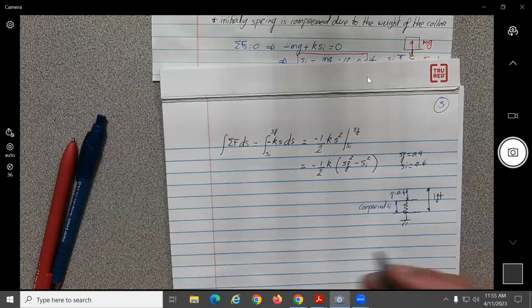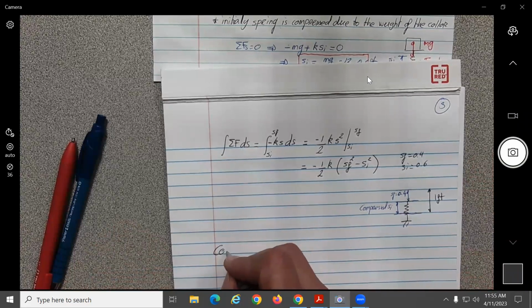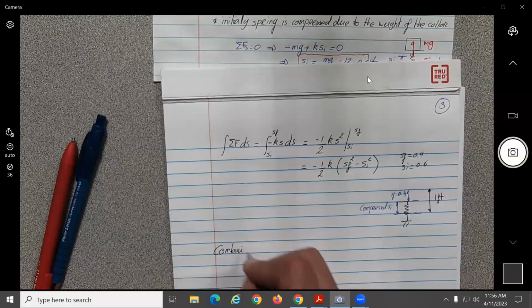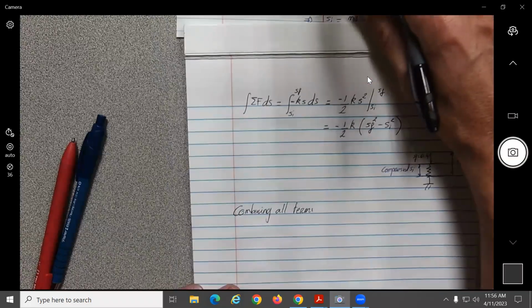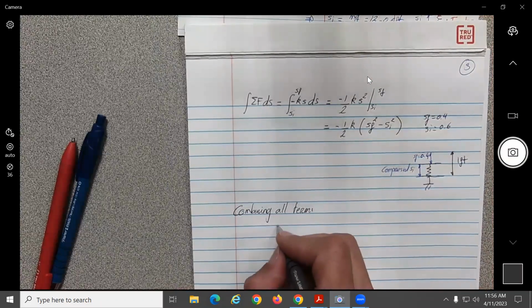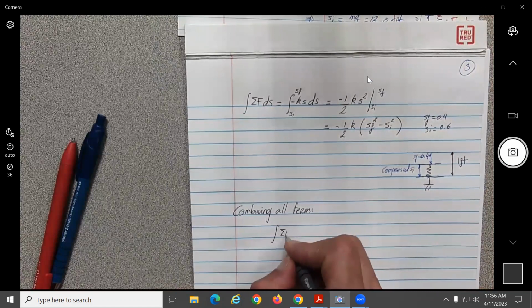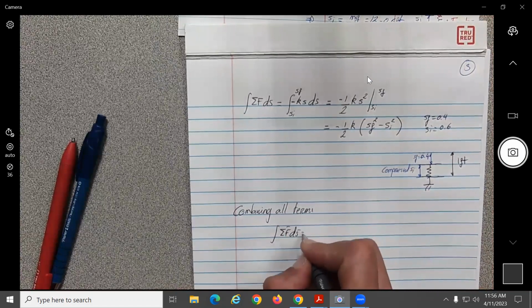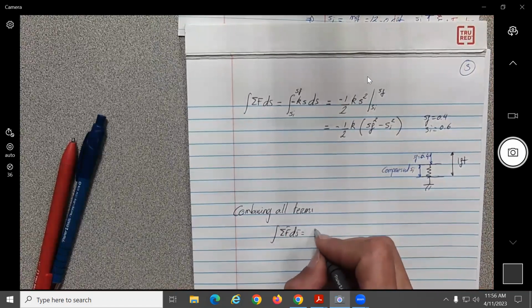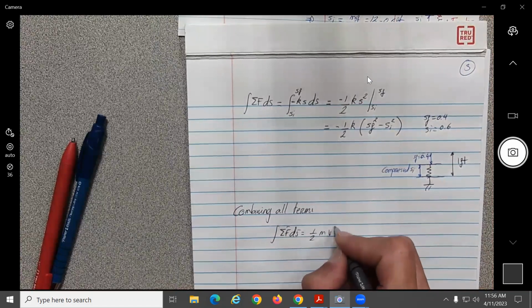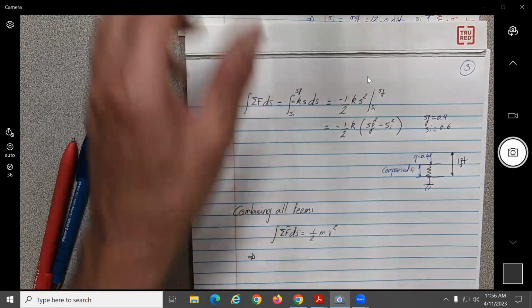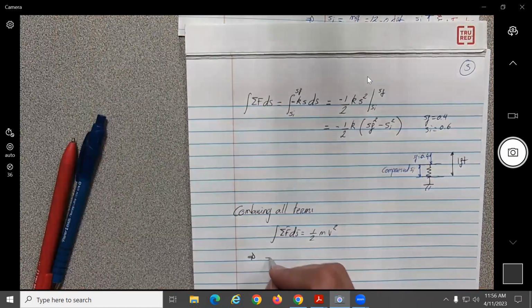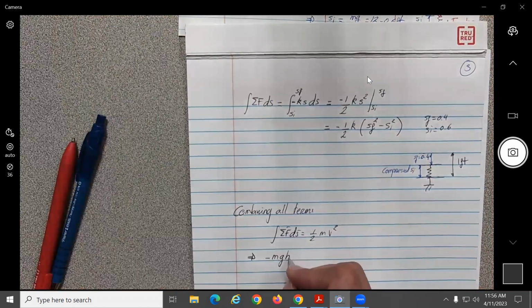So basically, let's combine everything, and I'm going to leave it symbolic. If you want to do the calculations, what do we have? We have the summation of forces ds equal to one half m v squared. So what do we have? We have the work done by the weight, which is minus mgh.